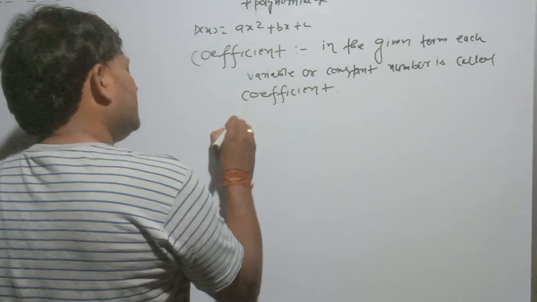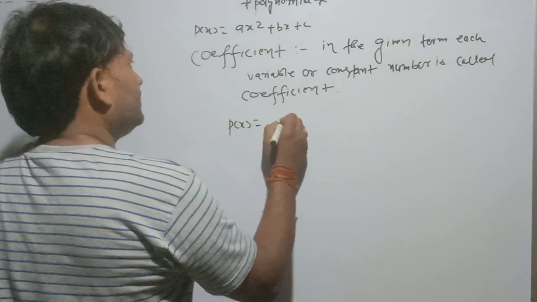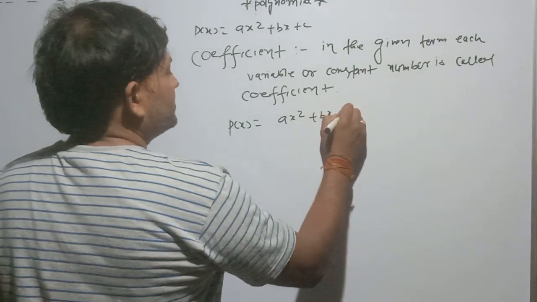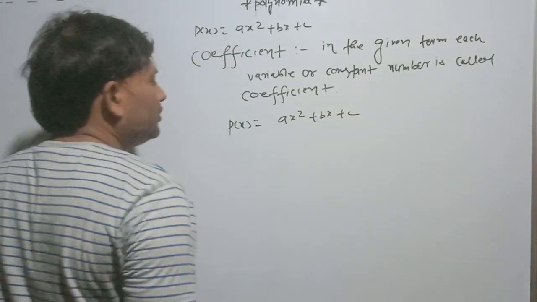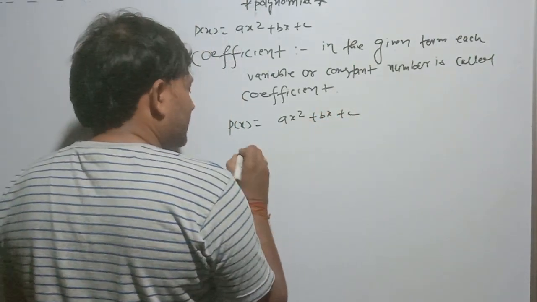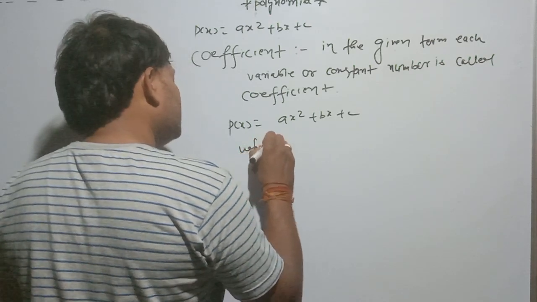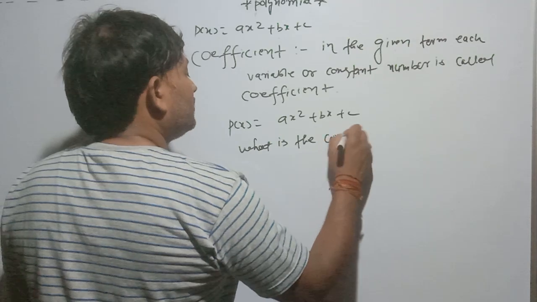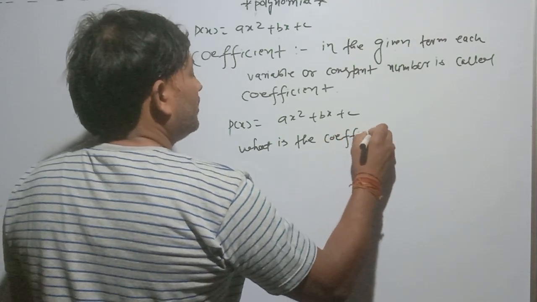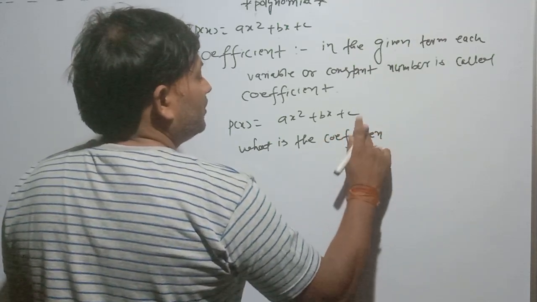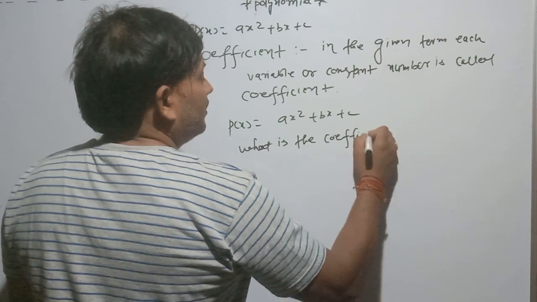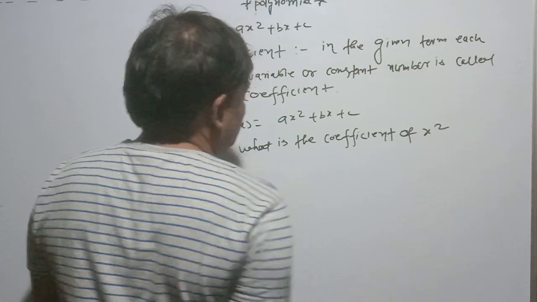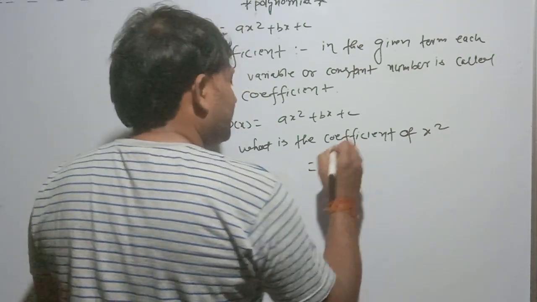How can you understand this statement? Suppose that p(x) = ax² + bx + c. If I ask what is the coefficient of x², you will say a.